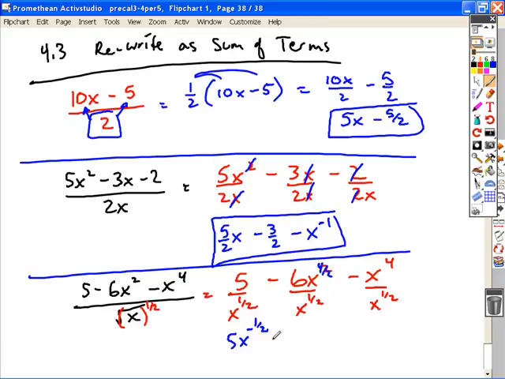So if you think of it as 4 halves, you can now see that your answer is -6x to the, when you divide two numbers with the same base, what do you do with their powers? Subtract. 4 halves minus 1/2 gives you 3 halves. Minus here x to the, again, 4 is how many halves? Think of it in terms of the same fraction. 8 halves minus 1/2 leaves you with 7 halves.